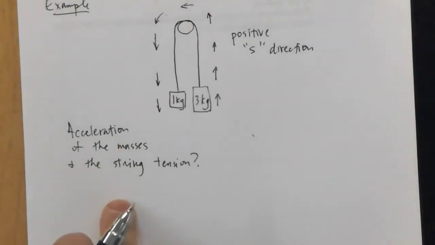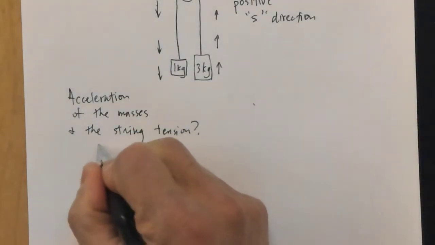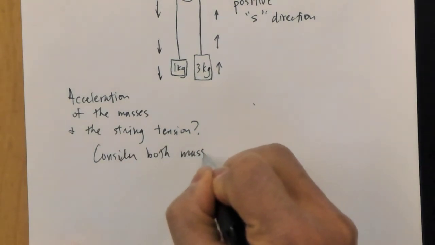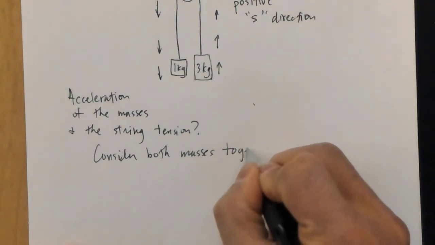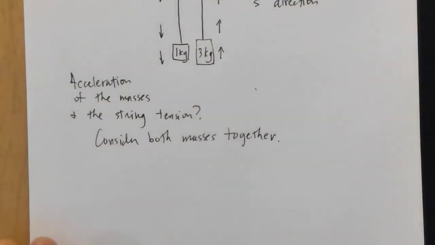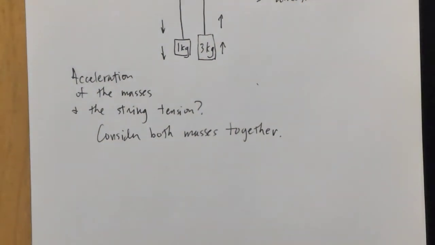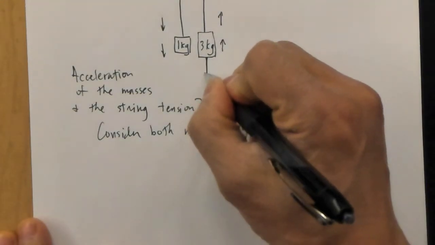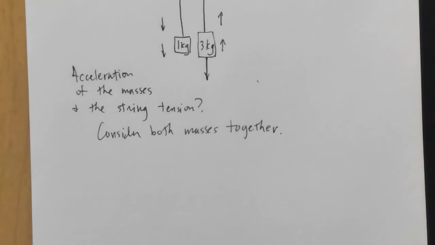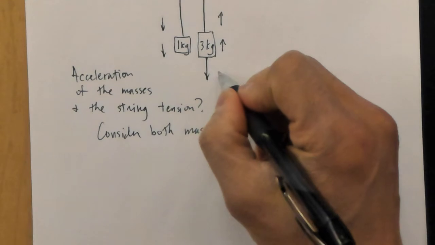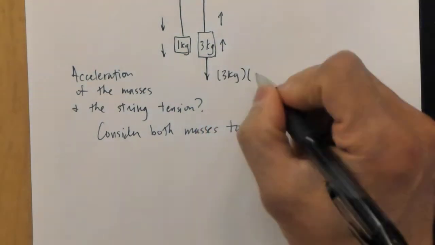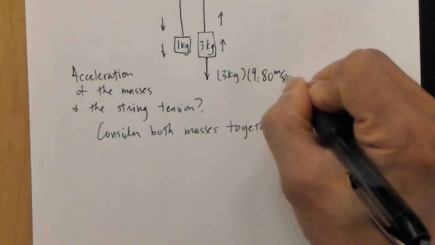All right. First thing we'll do to get the acceleration of the masses, we'll consider both masses together. Now let's figure out what the forces on the masses are. So I have the weight of the 3 kilogram mass. That's just mass times g, right? M times g. So that will be 3 kilograms times 9.8 meters per second squared.